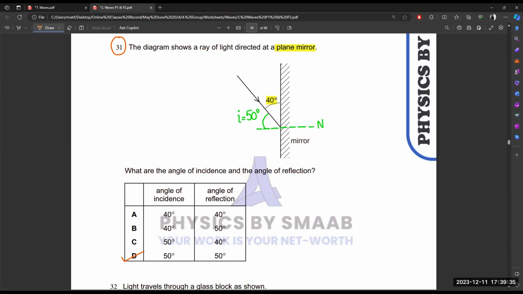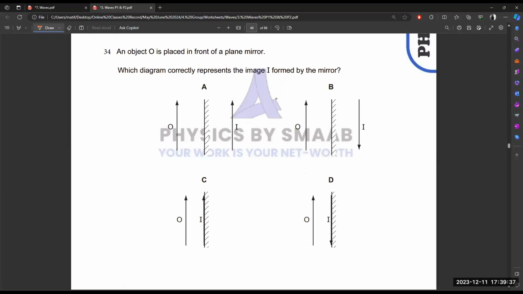And one more question, also from the mirror. Again, we have an object in front of a plane mirror. So which diagram correctly represents the image I formed by the mirror? Option A, right?